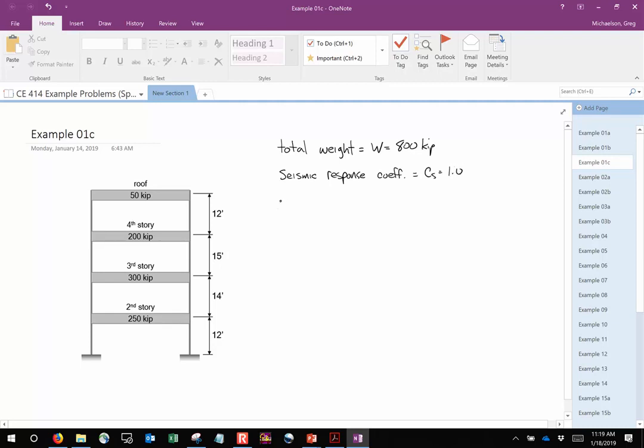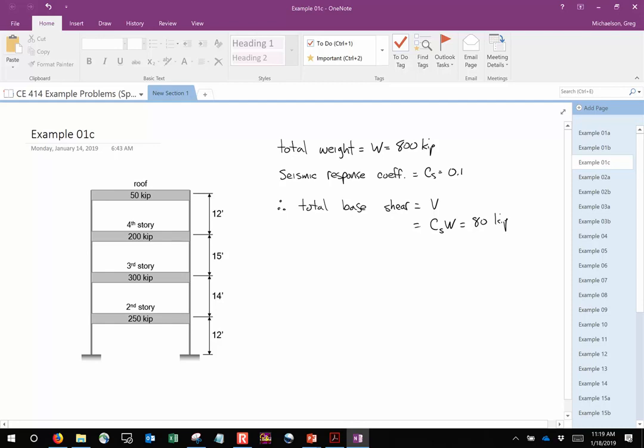So therefore, our total base shear, which is V, is going to equal Cs times W, which is 80 kips. Okay?